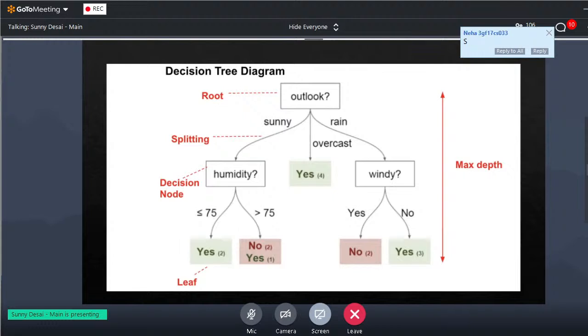Now let me ask you the third question. Can you all respond? It is sunny plus it is windy. Sunny plus windy. Is your friend going to come and play with you or not?